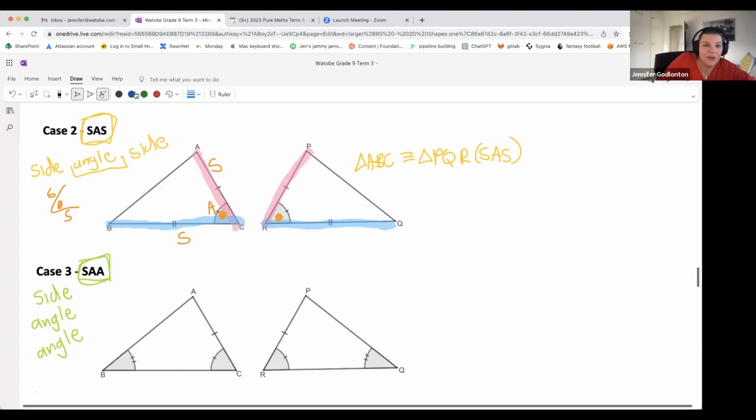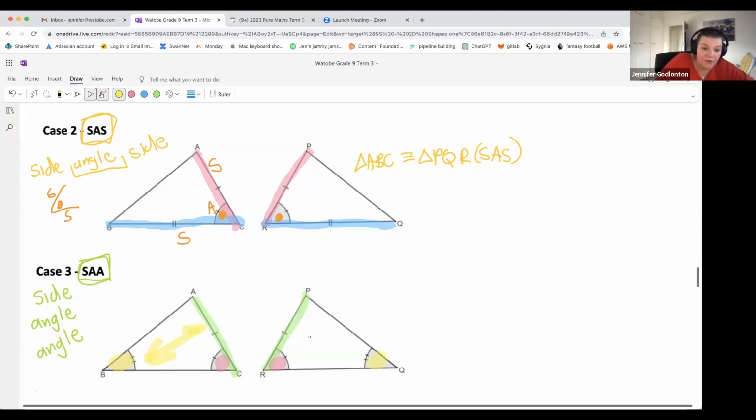So again, let's see what that means. They've given us one side and they've given us two angles. The important thing with the angles is that the angles are in the same place as each other. And I know that that sounds messy, but you'll see in time what that means. So we've got this C over here, which is at the bottom of our green line, which would be the same as our R. And then we've got this B over here, which is opposite the green line.